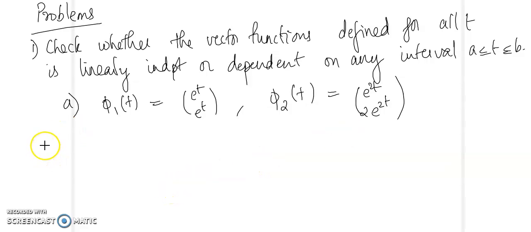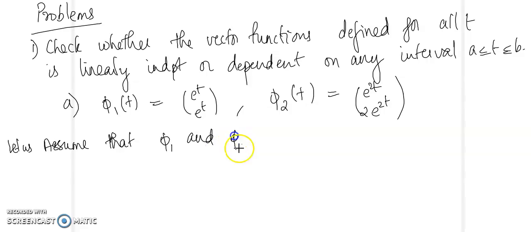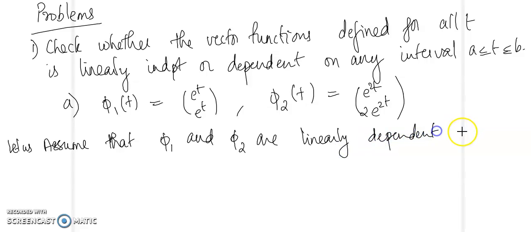So let us assume that phi1 and phi2 are linearly dependent on closed interval AB.